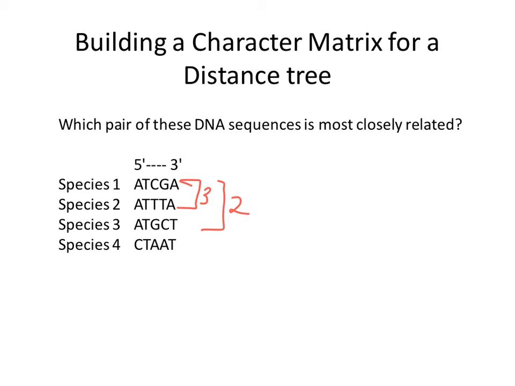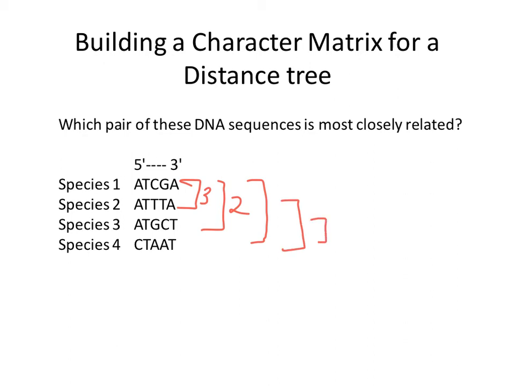Okay. So that's the essence of building a distance tree. Take a lot of homologous DNA sequences from a bunch of different species, however many species you're interested in studying. You line up the DNA sequence like this and you just count how many changes in every pairwise comparison. So we'd also have to look at species 1 to species 4 and tally up how many similarities there are. Then we'd have to do 2 and 4 and 3 and 4.